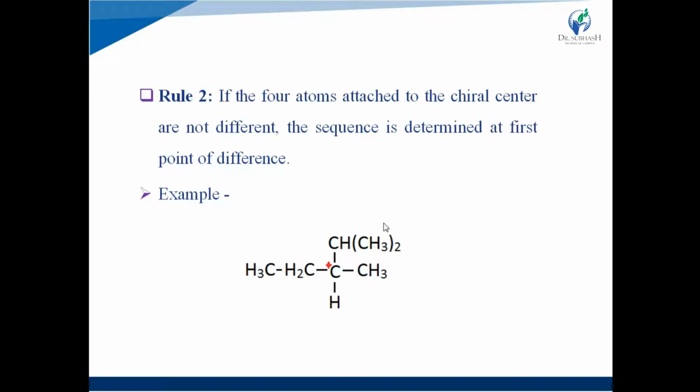Now the rest are between the methyl, ethyl and isopropyl groups, right? So look at the further points of attachment. There are 3 hydrogen atoms attached to the methyl group carbon, right? In the ethyl group carbon there are 2 hydrogen atoms and 1 carbon atom attached. And in the case of the isopropyl carbon, 2 carbon atoms and 1 hydrogen atom are attached.